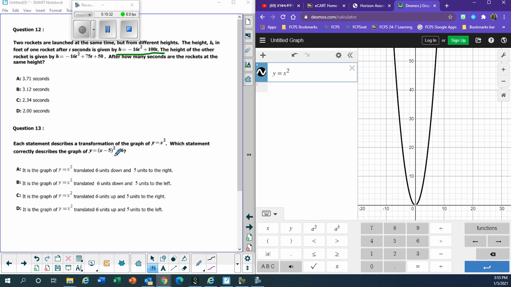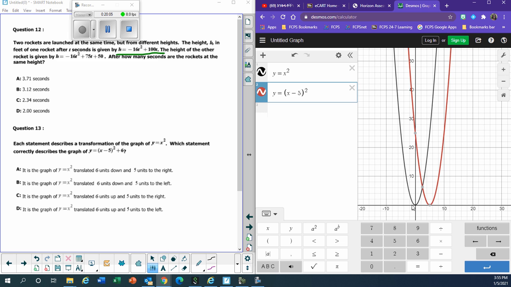Now I put -5 inside my parentheses. What does it do? Does it go left 5 and down 5? To determine, just put the equation in as it is. Remember, this is your original graph. What happened when you put x minus 5 inside the parentheses and square it?